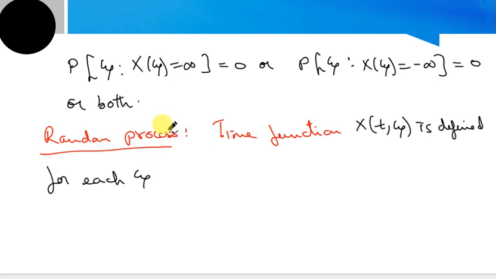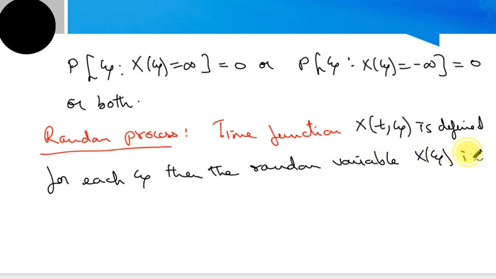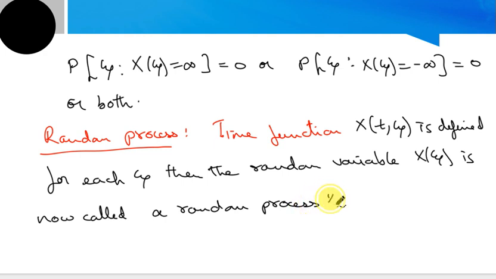Okay, then the random variable x of eta is now called a random process x of t comma eta.